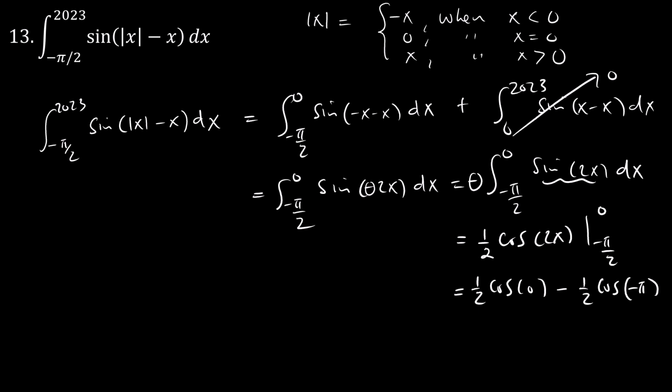So what we have here is a half minus a half times negative 1. Cosine of pi is negative 1. So this becomes positive 1 as our answer.